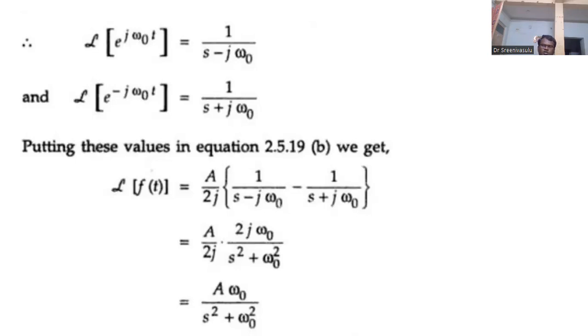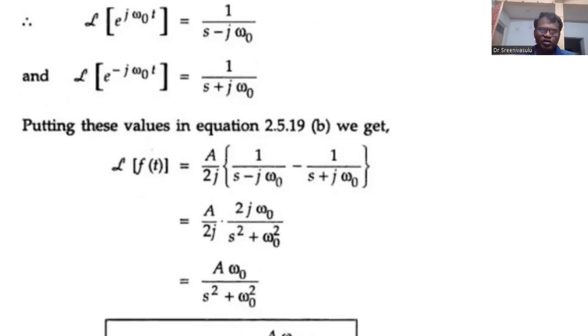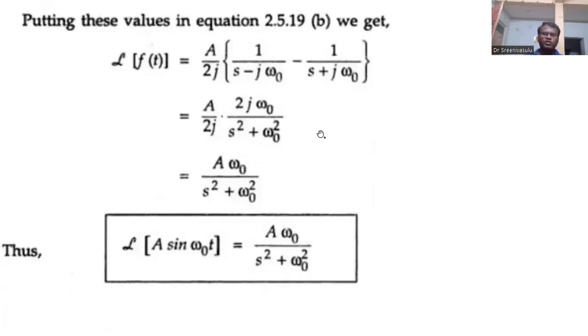So s gets cancelled, and you will get 2j omega naught divided by, here a minus b into a plus b, a square minus b square; j square is minus 1, so minus into minus is plus: s square plus omega naught square. Now, 2j gets cancelled, so finally a omega naught divided by s square plus omega naught square. Now, what about the ROC?